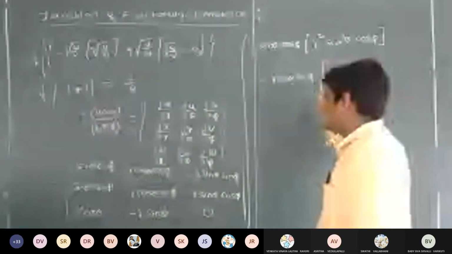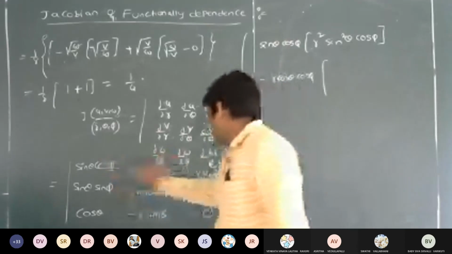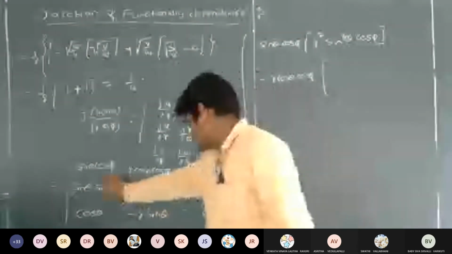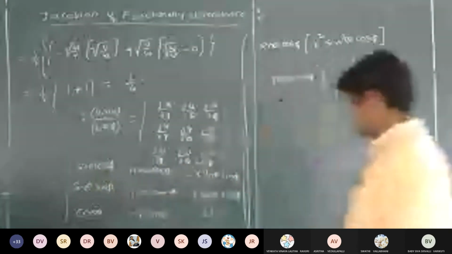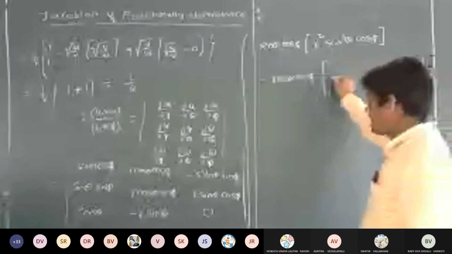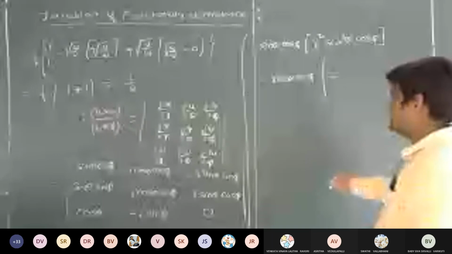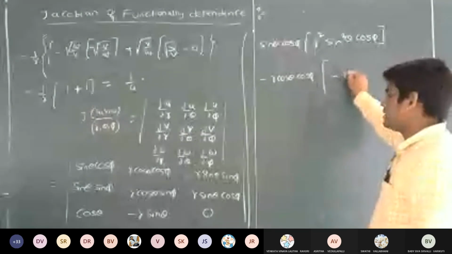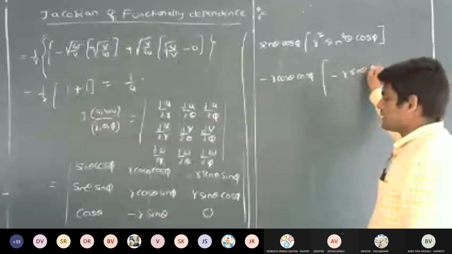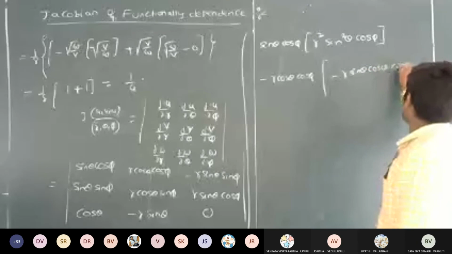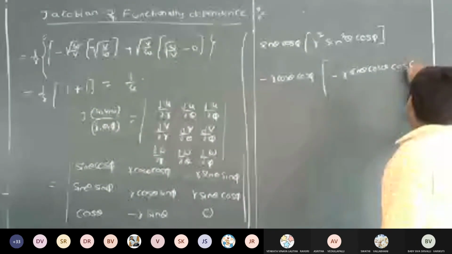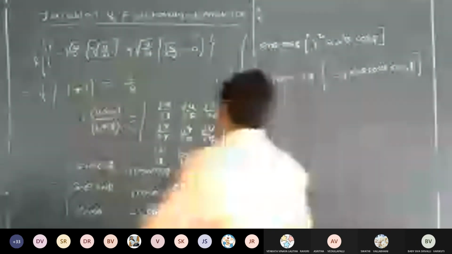Coming to the second one, this one 0 into this one 0, minus, what is the next one, r sin theta cos theta cos phi. We can write very carefully. Here I am taking this term, so 0 into this one 0 minus of r sin theta cos phi.